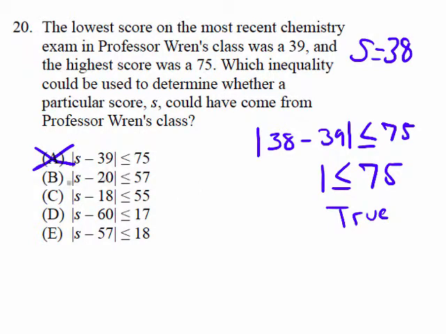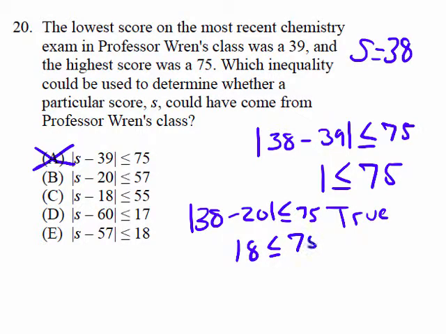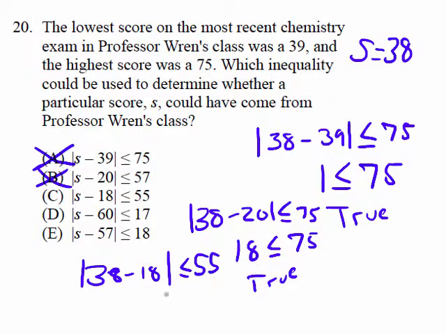If we do the same thing with B, again, 38 minus 20, absolute value, less than or equal to 75. Well, that's going to give us 18 less than or equal to 75. Again, that's true, and we don't want true, so we cross off B. 38 minus 18 over here in C is going to give us 20, which is, of course, less than or equal to 55.